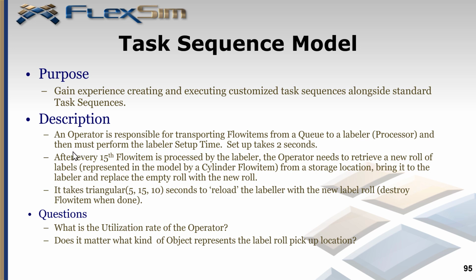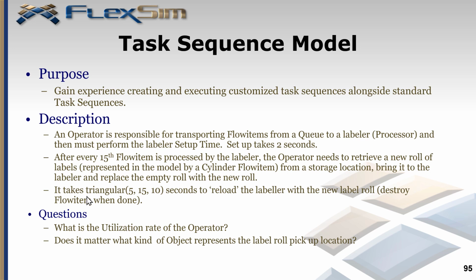After every 15th flow item is processed by this labeler, the operator needs to retrieve a new roll of labels, represented in the model by a cylinder flow item, from a storage location, that's any object of your choice, bring it to the labeler, and replace the empty roll with the new roll.